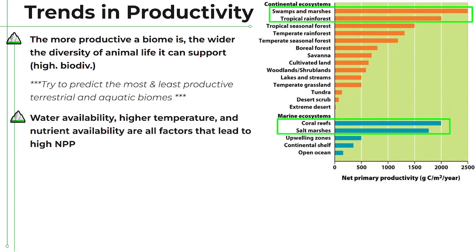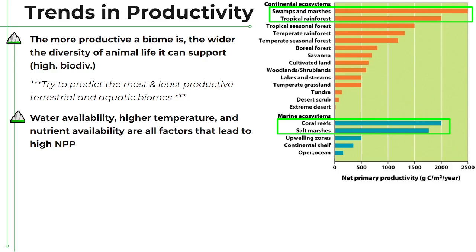As we mentioned before, it's easier to see with the terrestrial biomes that we're going to talk about. The more tropical ones tend to have the highest primary productivity values. It's important to also remember that marine biomes, which we'll also talk about, also have varying levels of primary productivity. You'll see that things like swamps and marshes and coral reefs, because of the algae that are present in that small area, have high primary productivity values.